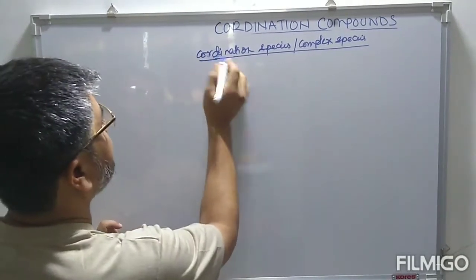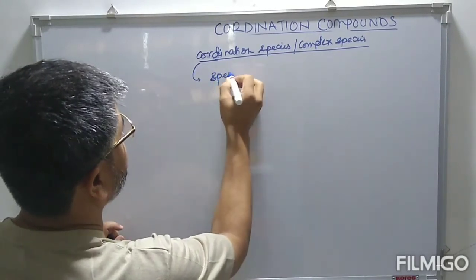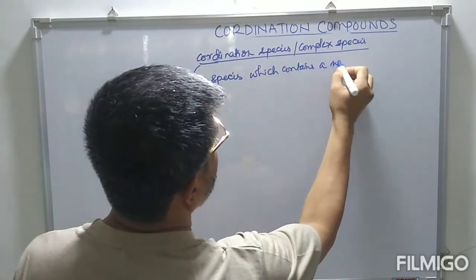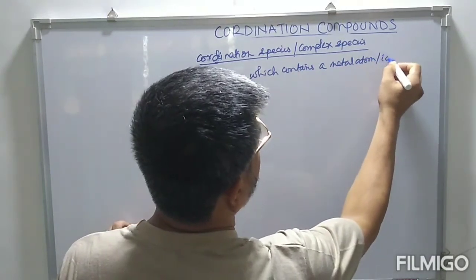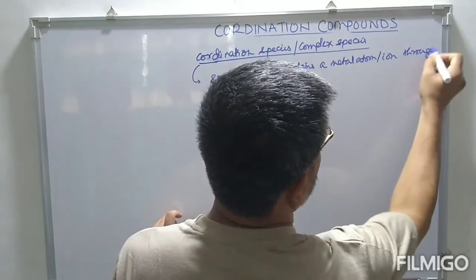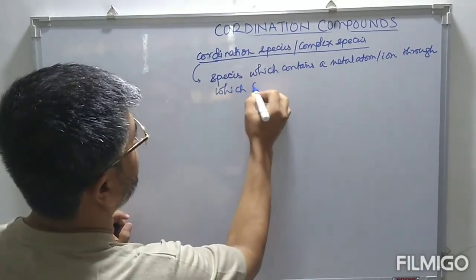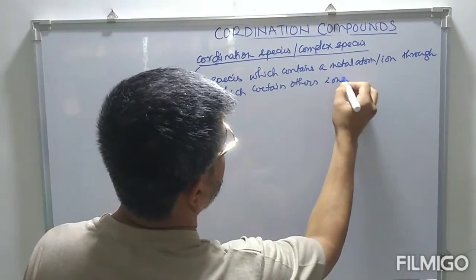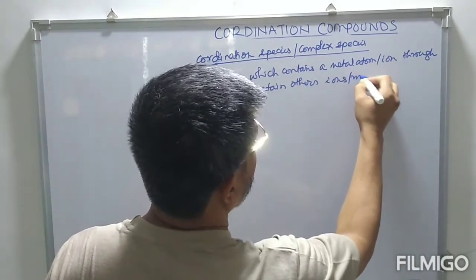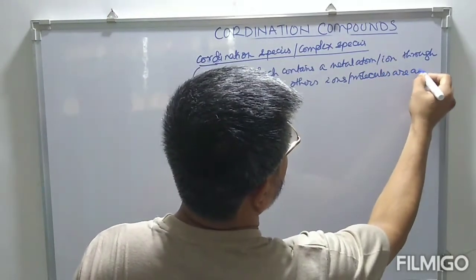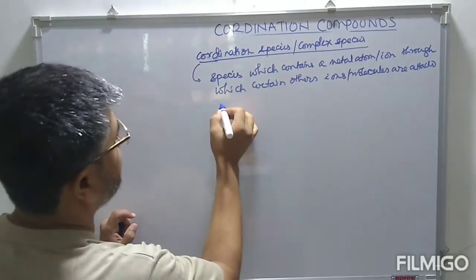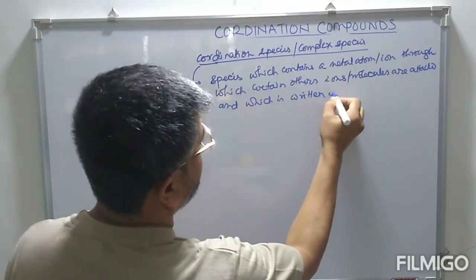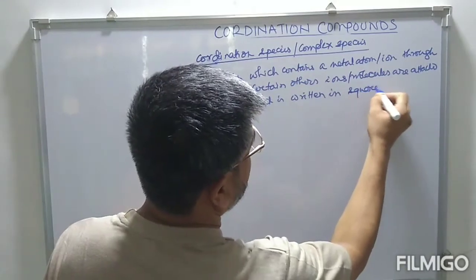So we have looked at this species which contains a metal atom or ion to which certain other ions or molecules are attached and which is written in square bracket.